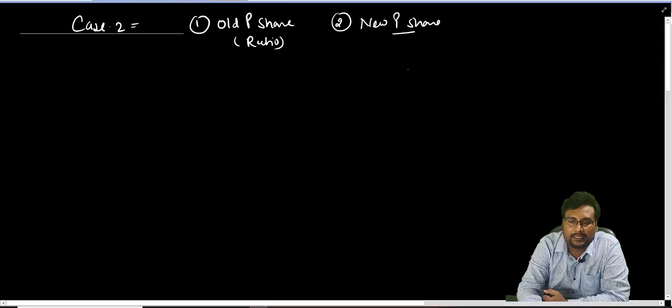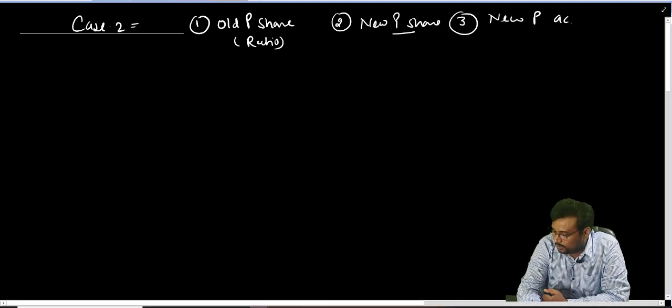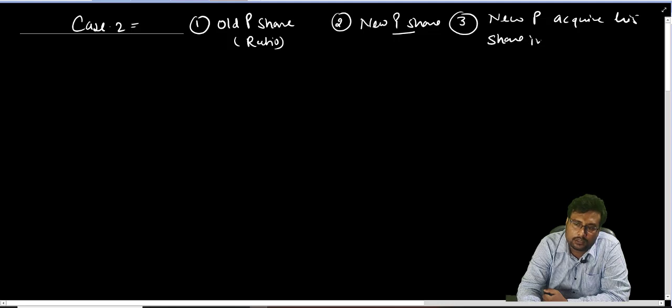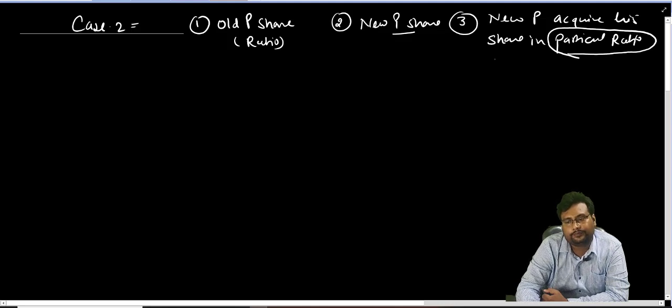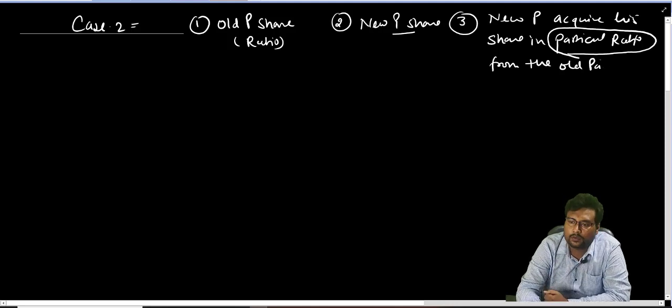But a third piece of information is also present, that the new partner acquires his share in a particular ratio from the old partners. Beta, remember this.